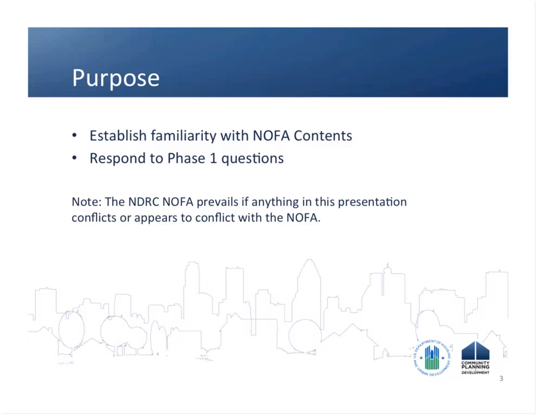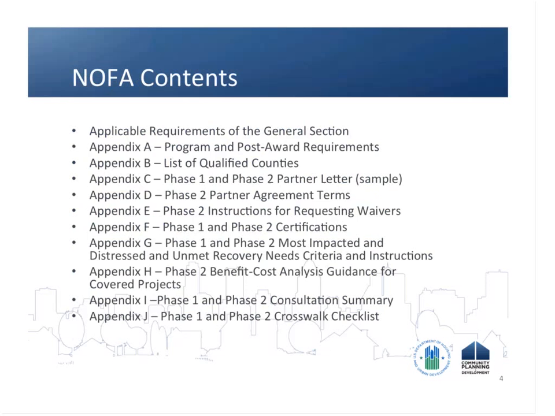Okay, next. All right, NOFA contents. There is a kind of dizzying list of appendices to the NOFA and a whole other notice that you have to look at in addition to the NOFA proper.